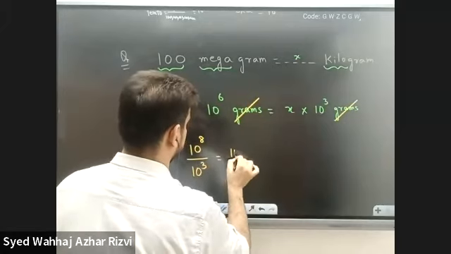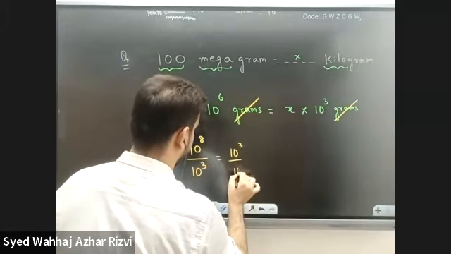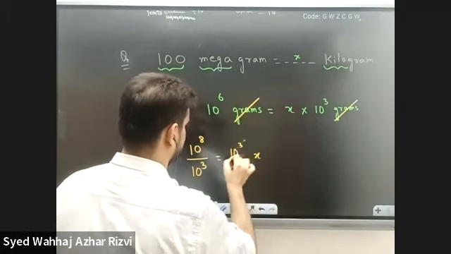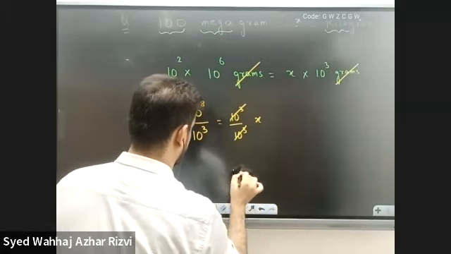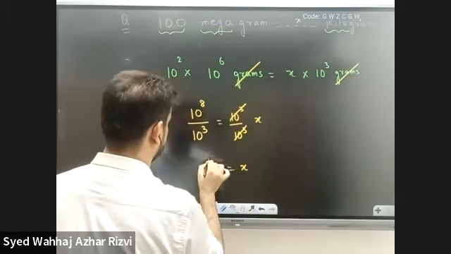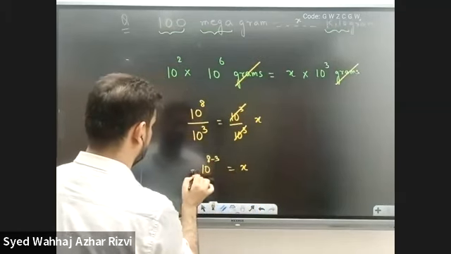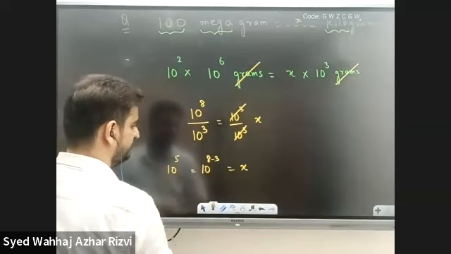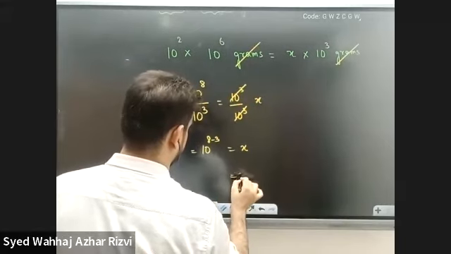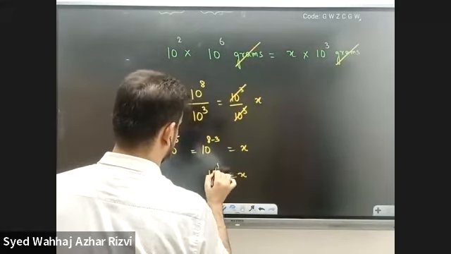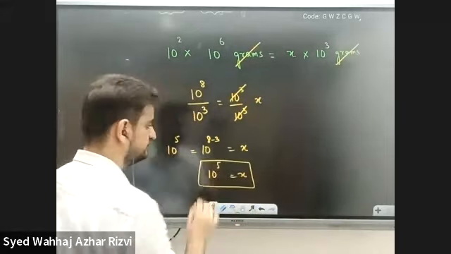This becomes 10 raised to the power 3 over 10 raised to the power 3 x. It gets cancelled, and x becomes equal to 10 raised to the power 8 minus 3, which is 10 raised to the power 5. So we have to find out the value of x, and here it is. X equals 10 raised to the power 5.